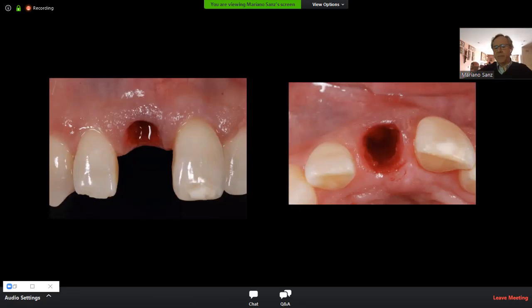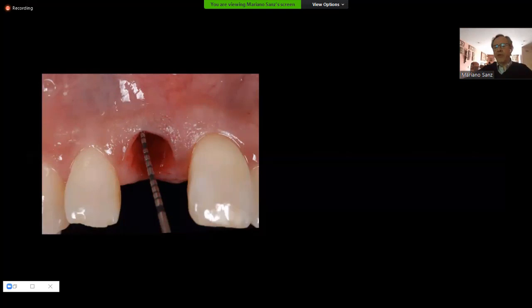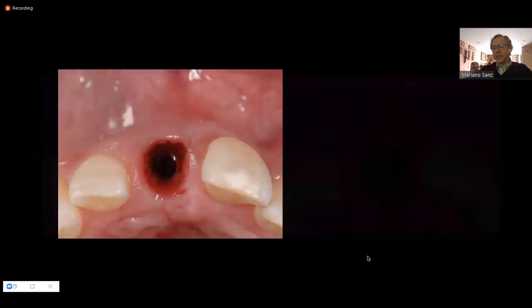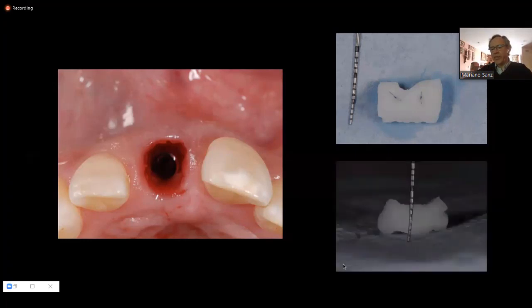So here you see another case with this situation. Immediate extraction. We evaluate the buccal bone. We place the implant in the ideal position. Then sometimes what we do is we develop this kind of butterfly forms by folding the matrix and creating a double layer with the matrix.